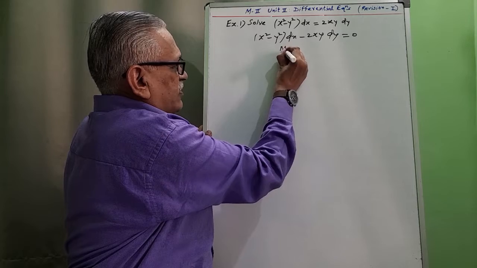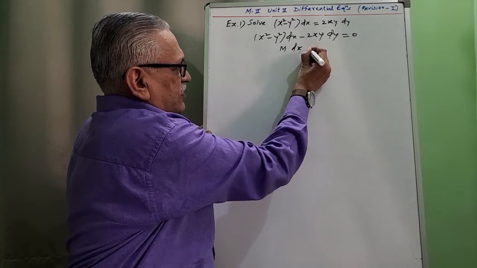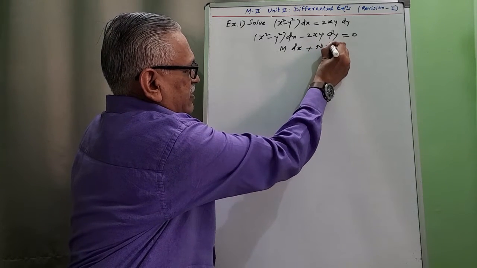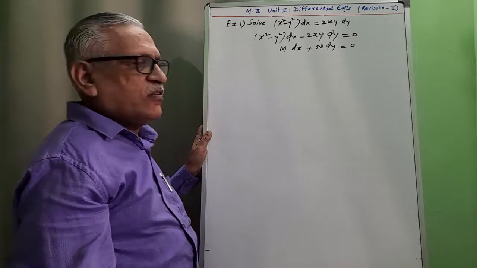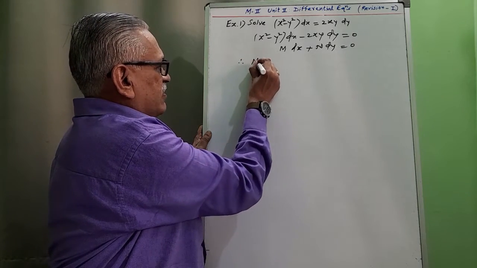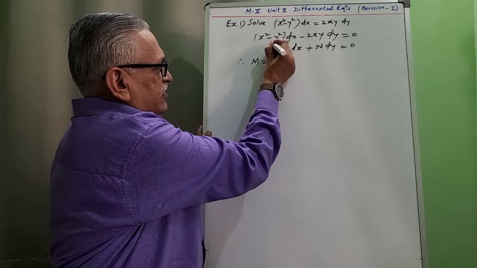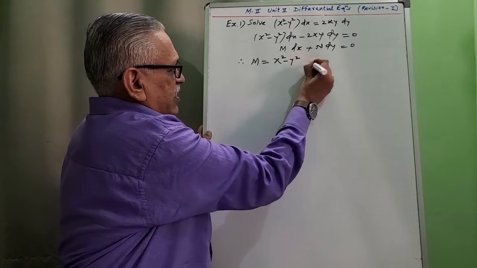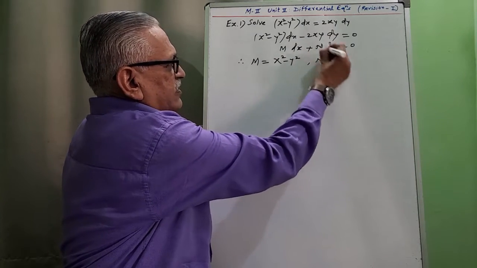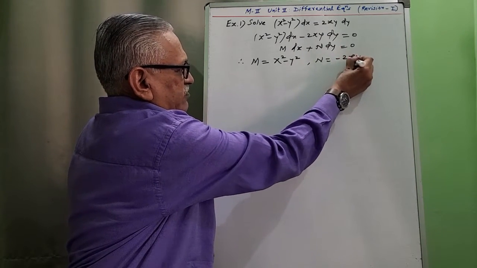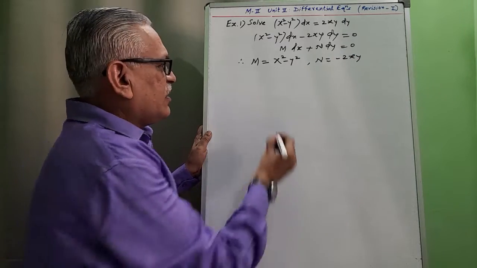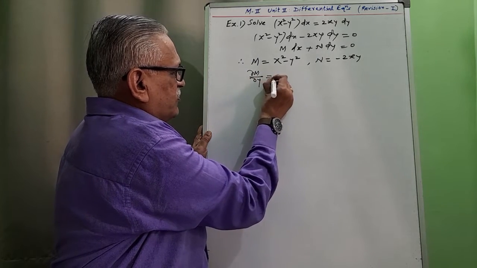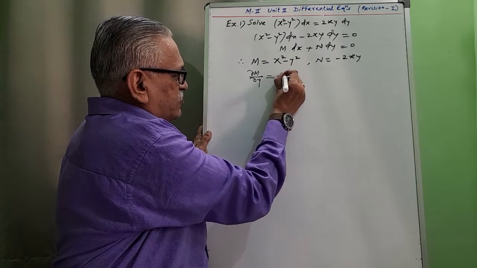Then comparing it with the general form of any differential equation, M dx + N dy = 0, we get M as the coefficient of dx, that is x² − y², and N is the coefficient of dy, that is −2xy. After getting it, differentiate M partially with respect to y, keeping x constant. Therefore, the derivative is −2y.